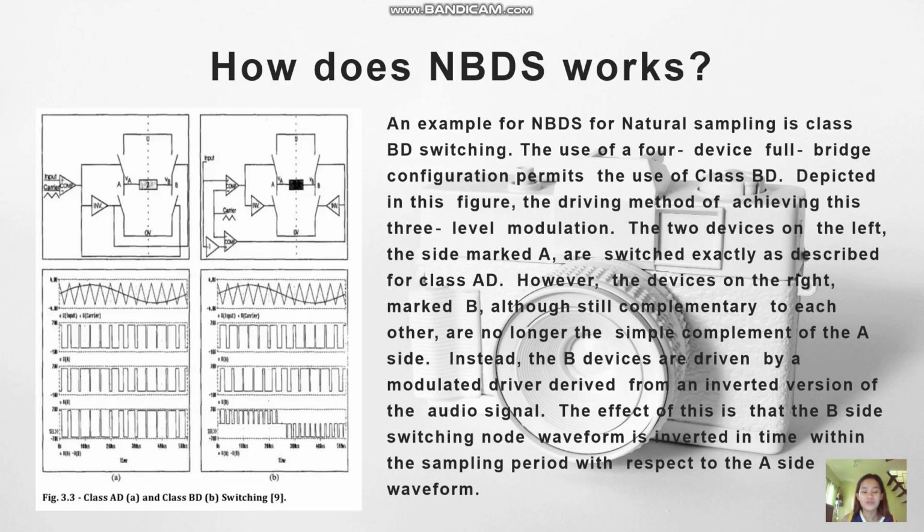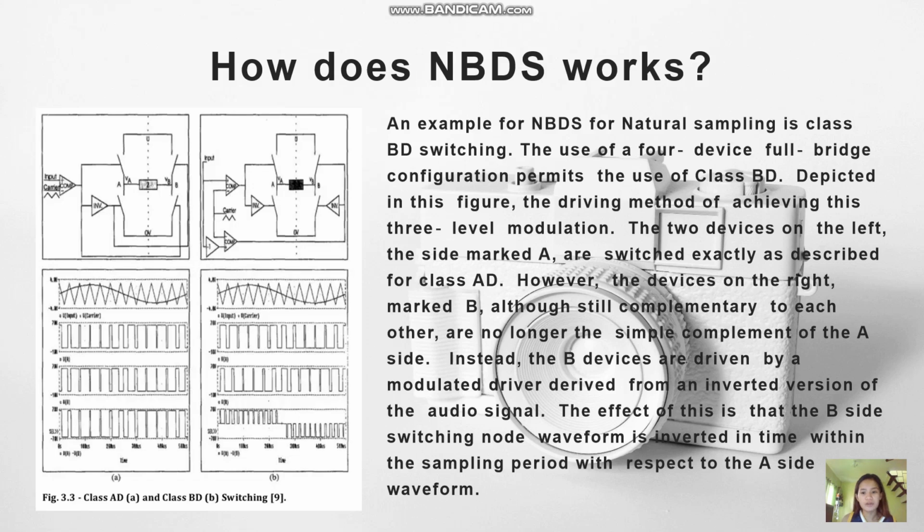Now, I have here an overview, or at least an explanation, of how NBDS works. An example of NBDS for natural sampling is class BD switching. The use of a four-device full bridge configuration permits the use of class BD, depicted in this figure on the left side.